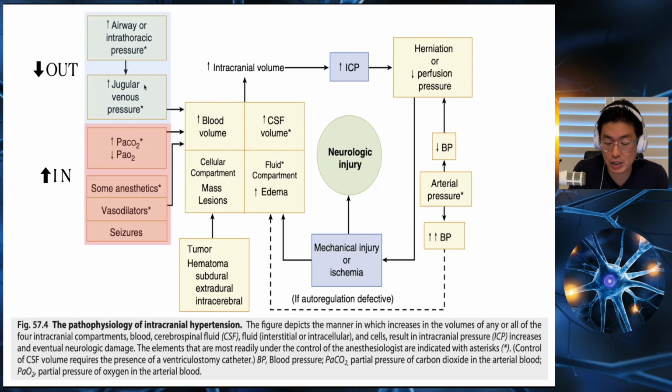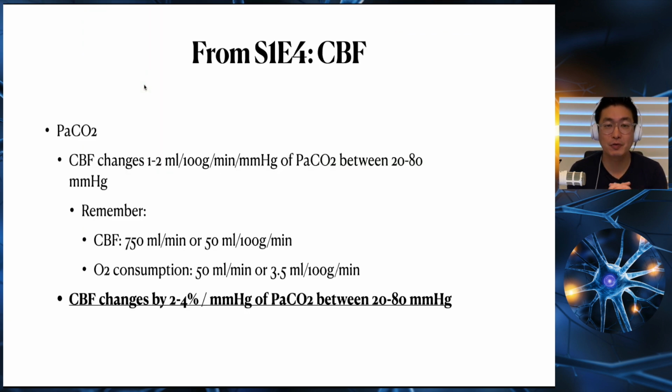And I think this one is really, really important in understanding the relationship of cerebral blood flow and cerebral blood volume. So the way that flow can increase volume is an increase in flow or through an obstruction to outflow. And this is a summary from episode 4 when we talked about cerebral blood flow.